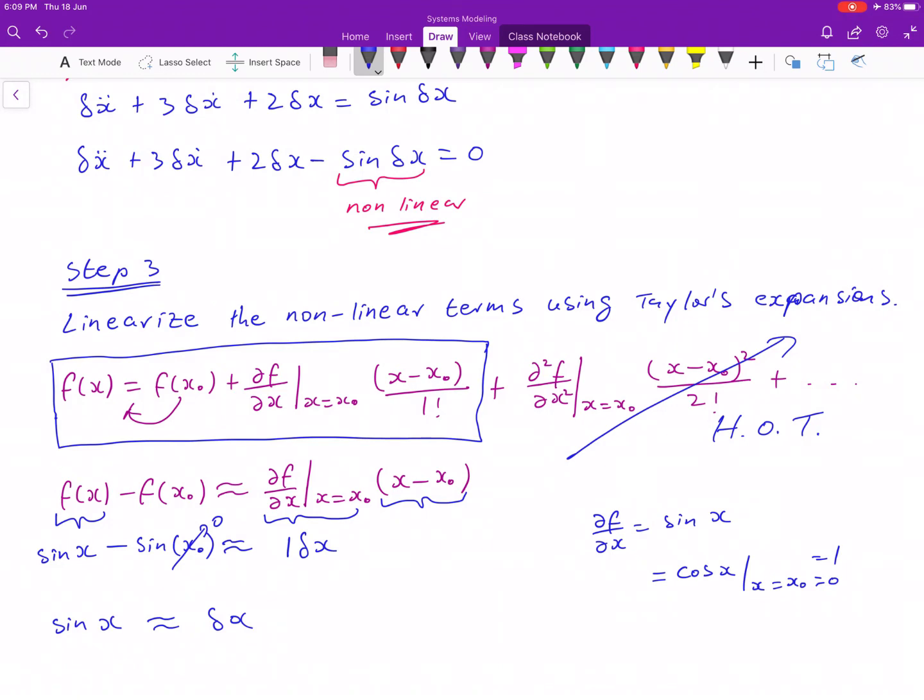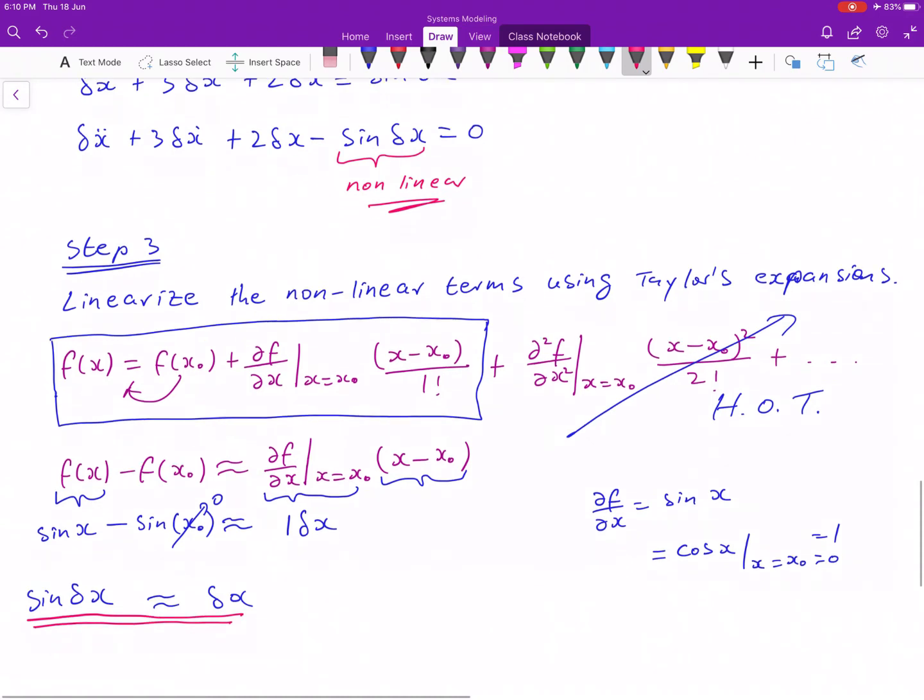We know that the sine function here was the nonlinear part. I forgot a delta x here, apologies. So this is sine delta x. So yeah, we have it here. Now what we can do is substitute this linearized part into our equation.